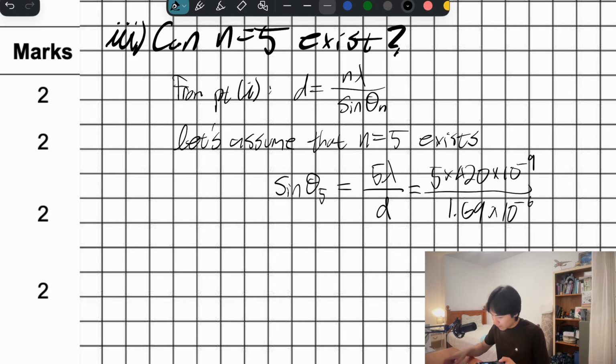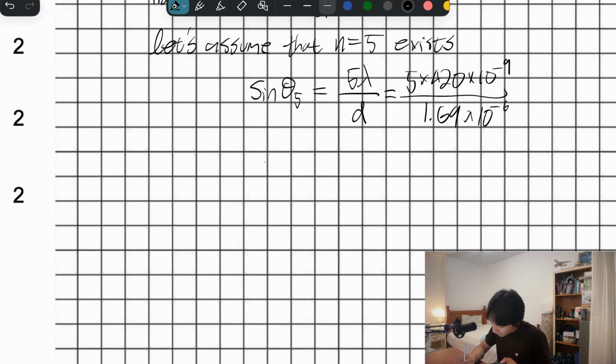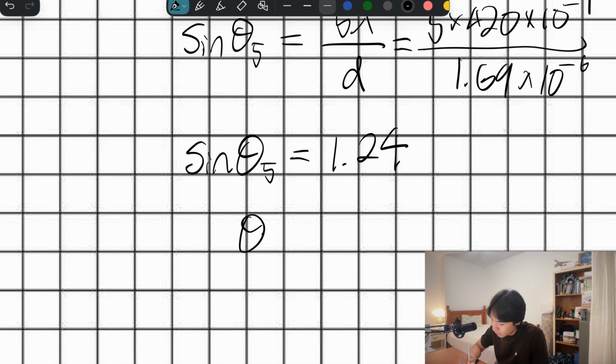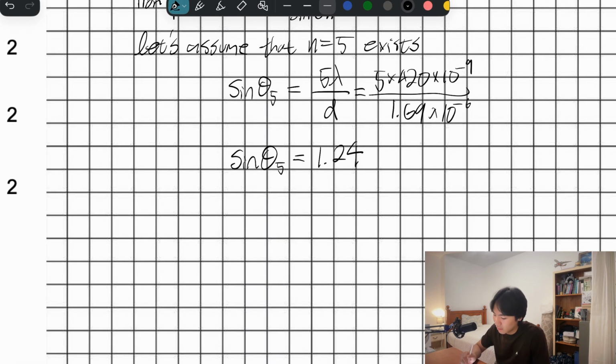So I get that sine of theta 5 is 1.24. Just by looking at this, is this possible, yes or no? It's actually impossible, because the range of sine of any angle is between -1 and 1.